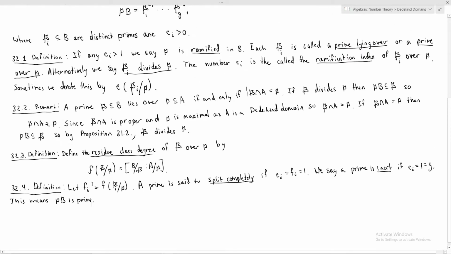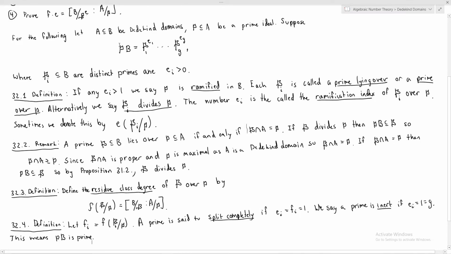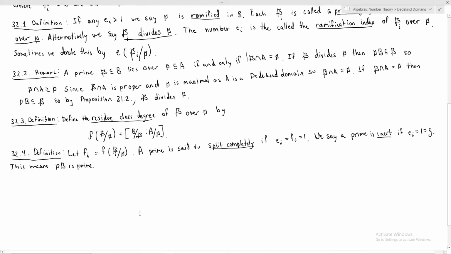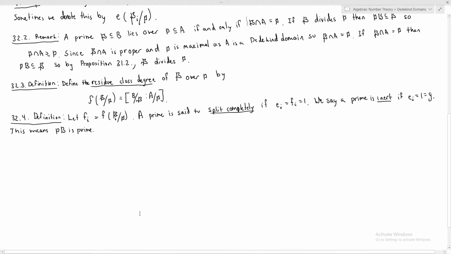Okay. So basically, your prime ideals are going to split into some product of primes in B. We say that they're ramified if one of these powers is bigger than 1. We say it's split completely if all the powers are 1 and all the residue degrees are 1. And we say it's inert if there's basically only one prime here. Okay, so that's kind of the vocabulary we've got.